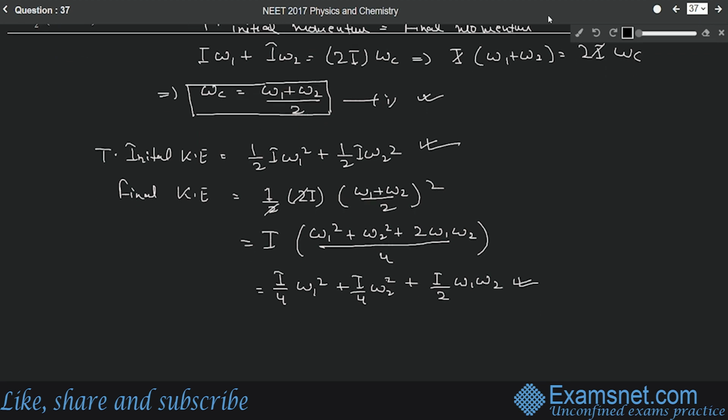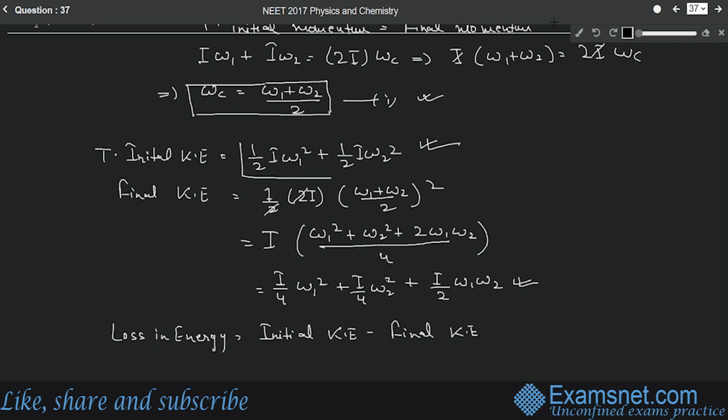Now loss will be the difference in both. So loss in energy is equal to the total initial kinetic energy minus final kinetic energy.